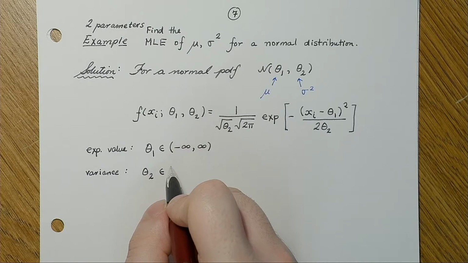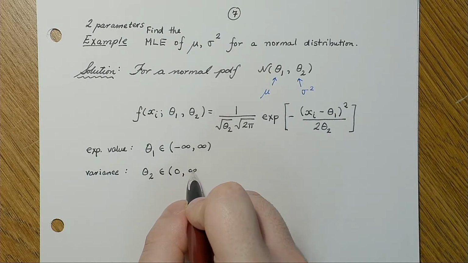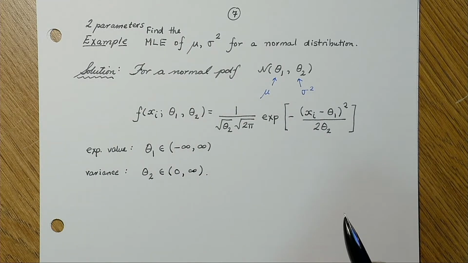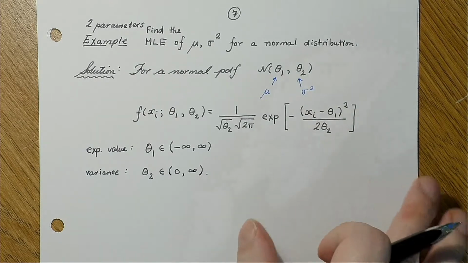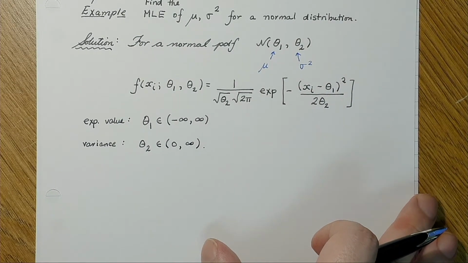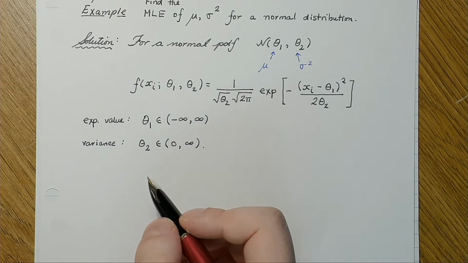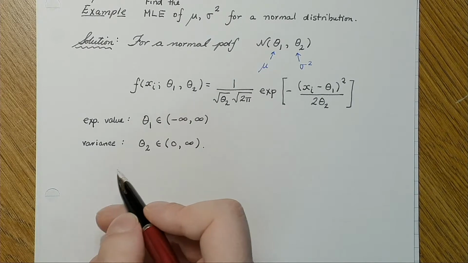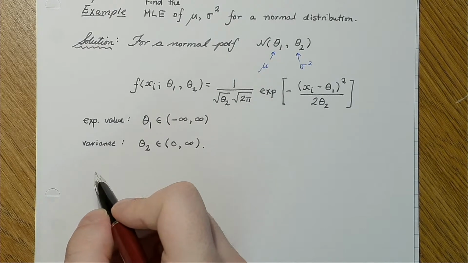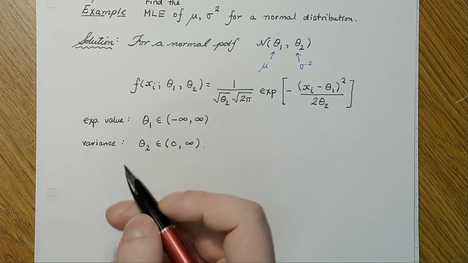Actually, it's positive here in this case. So there we go. Okay. So what we need to do now is create the likelihood function.